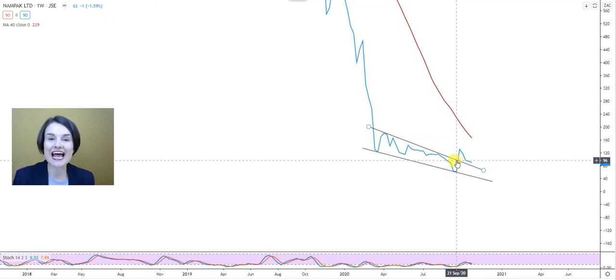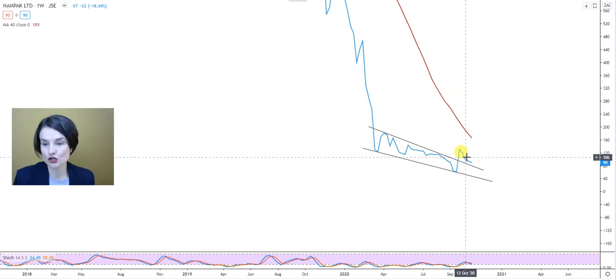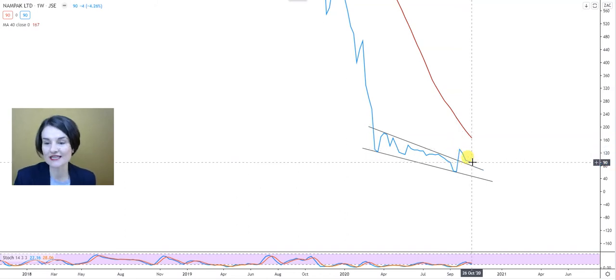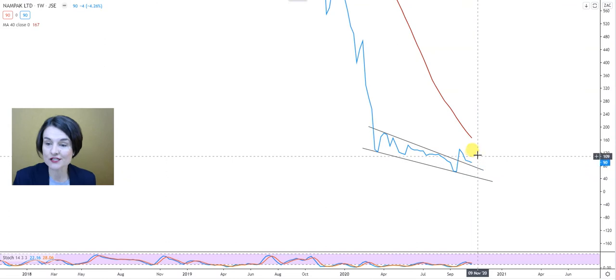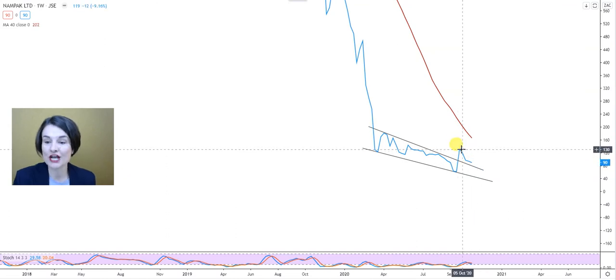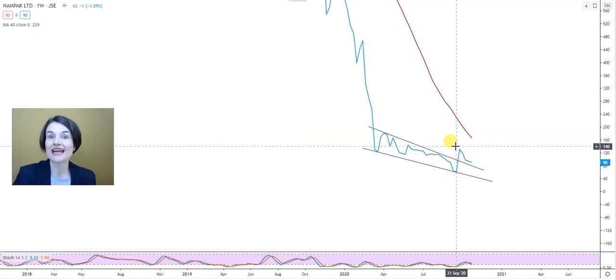It will be seen as very positive should Nampak, after this retracement, find support at a level higher than that upper band or on top of that upper band. And when it starts to gain momentum and changes this previous resistance of R1.31 into a support again, my next higher low will be confirmed, and that will be seen as very positive for Nampak.